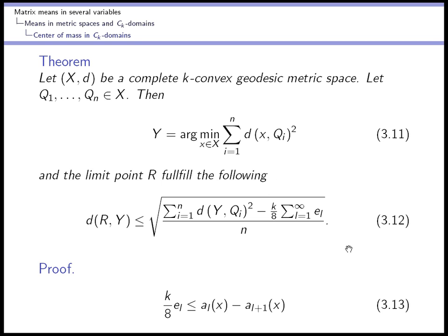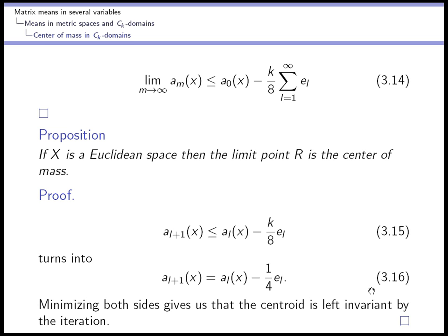This follows from the inequality, again, for the AL axis. Now, this inequality here is true not just for the Riemann centroid Y, but for all possible points in the metric space. So here we can put also X. This remains true.